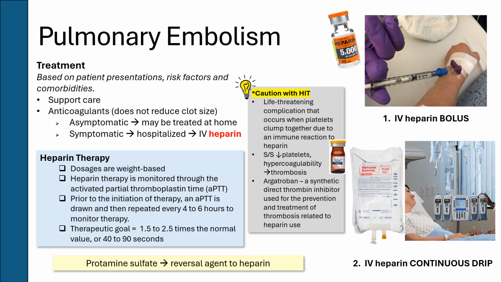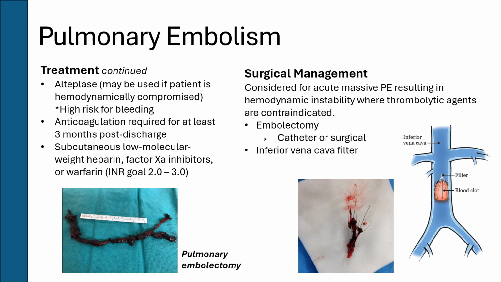And then we have our reversal agent, which is protamine sulfate, just in case they get too much heparin and they start to bleed out. They start to have blood in their sputum, blood in their urine, they start vomiting and it's bloody. They might have too much anticoagulant, so the reversal agent is protamine sulfate. Very highly tested on the NCLEX.